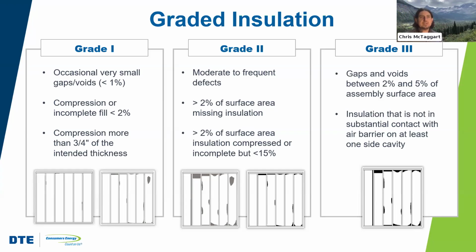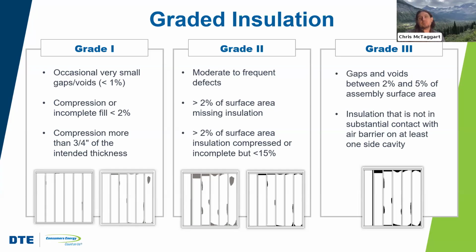And if you do have compression, it's only like 3/4 of an inch of the intended thickness. This makes it kind of tricky for bat products to uniformly get this, not because there's anything wrong with bats, it's just that they're hard to get kind of perfect within a cavity, especially when you have things like wires, plumbing, or additional framing members in the way.